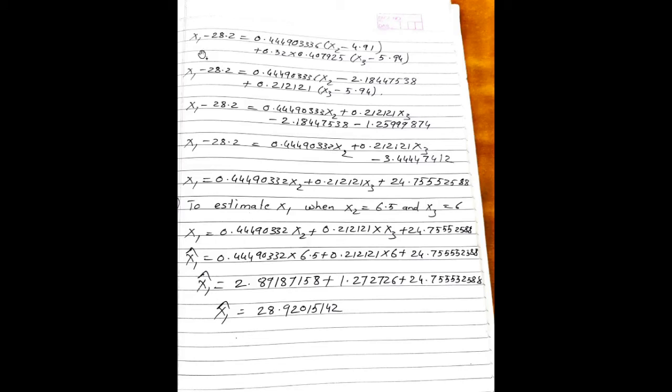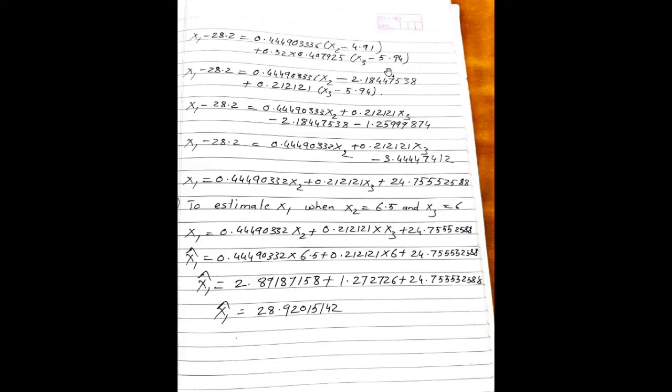So it becomes x1 minus 28.2 is equal to 0.44490 into bracket x2 minus 4.91 plus 0.52 into 0.407925 into bracket x3 minus 5.94.